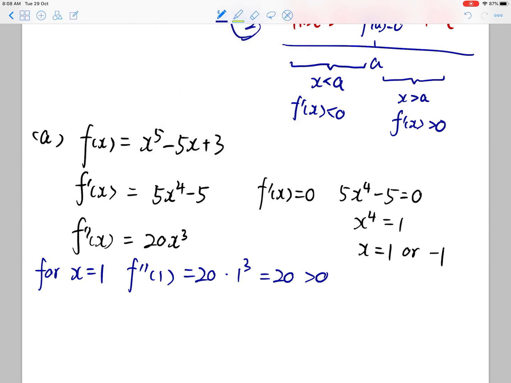And you know that your first order derivative is 0. Combining these two facts, because this is positive, f at 1 is a local minimum. So this is the second derivative method.